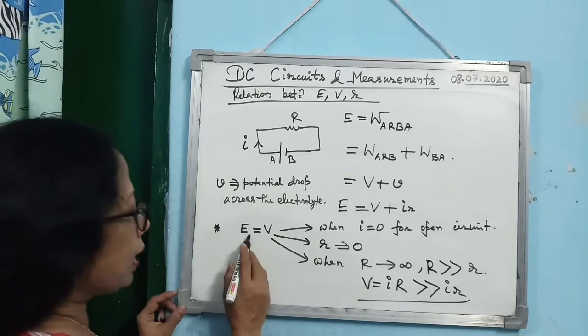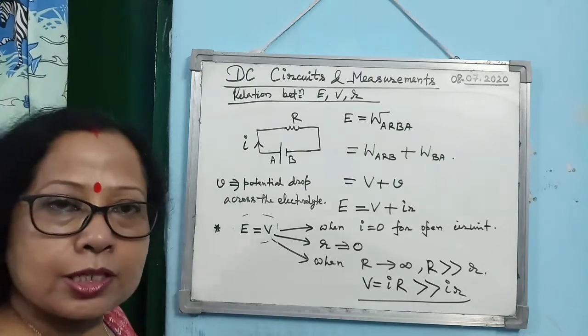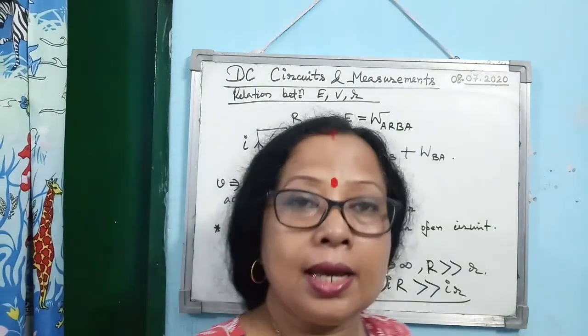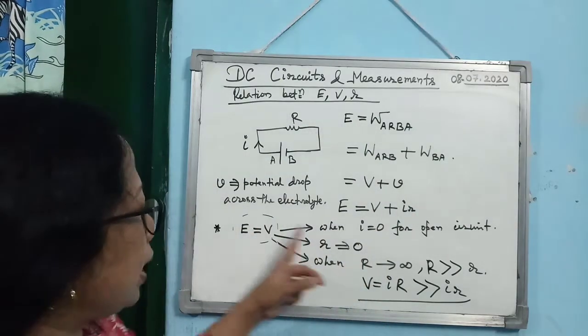Clear? So you can say, under which condition E equals V, if the question comes, under which condition EMF becomes equal to the terminal PD, what will be your answer?